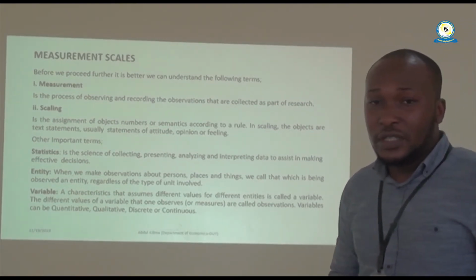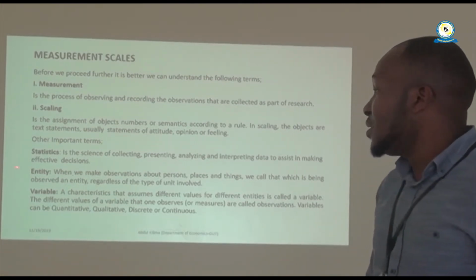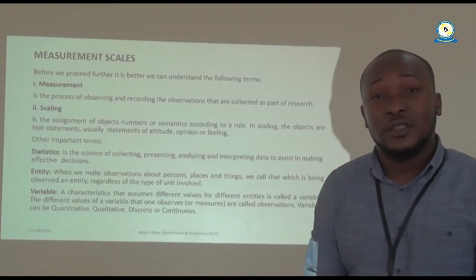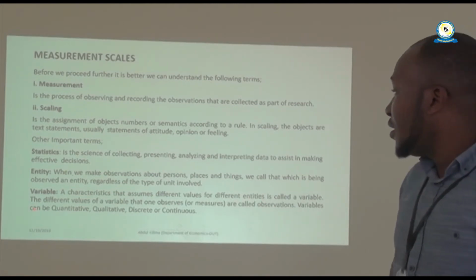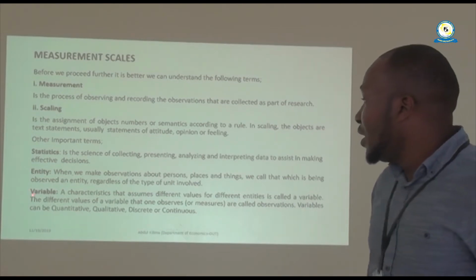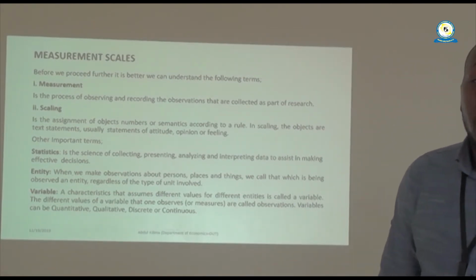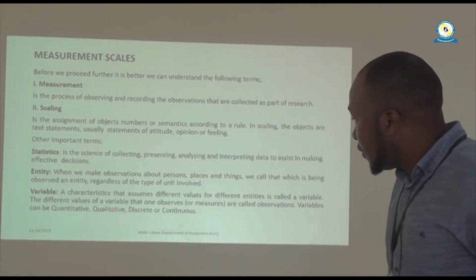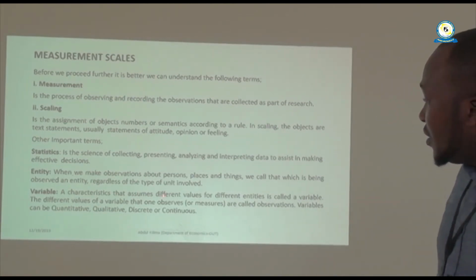Another important term is variable. What is a variable? A variable is a characteristic that assumes different values. For example, gender can be male or female. So that is a variable. Gender is one of the variables. A variable can be quantitative, for example, age. It can be qualitative: how you feel about something or your attitude can be descriptive.